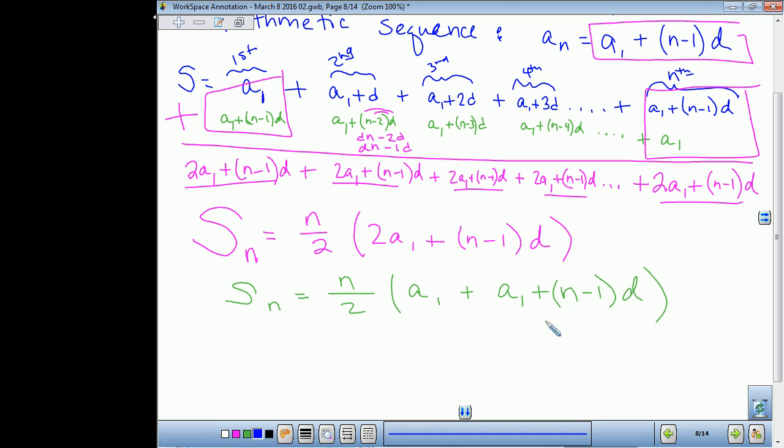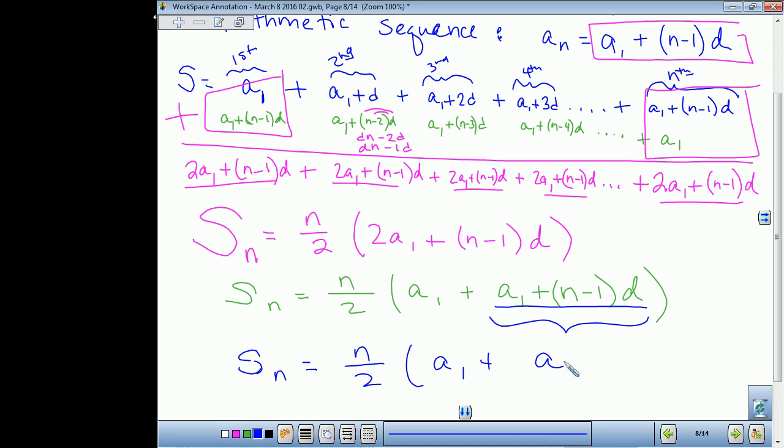Now, I chose to separate it on purpose because, what is this? Do you see it matches? This is a sub n. So my other formula, this is the one I like to use because this is the one I can remember. It's the first term plus the last term divided by 2 times the number of terms.